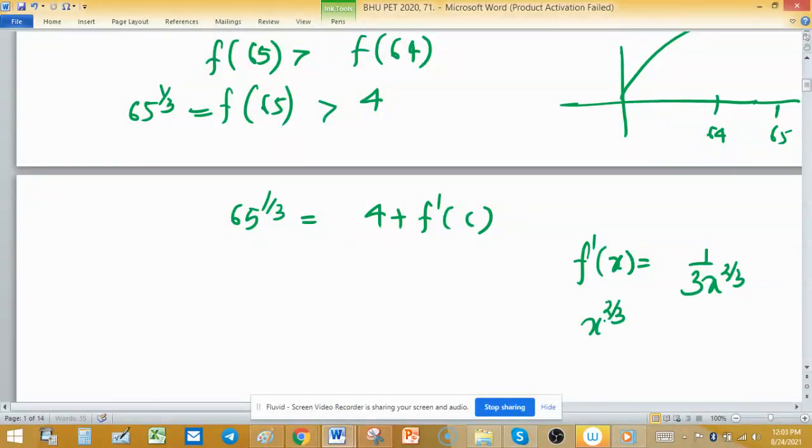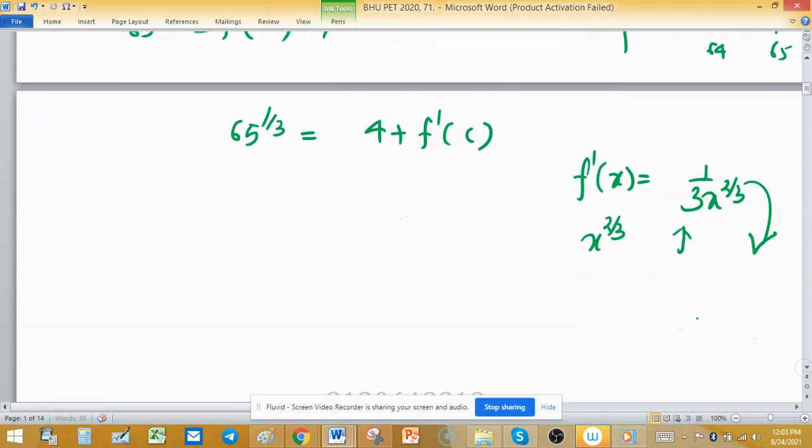As you can see, x raised to the power 2 upon 3 is monotonically increasing, so its reciprocal function will be monotonically decreasing. It means f dash 65 is less than f dash 64.